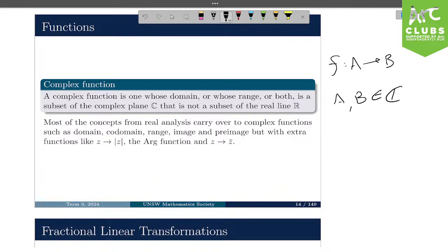It might be that in other places, but in this course, we also require at least one of A and B to not be a subset of reals. Most of the concepts from real analysis just carry over to complex functions, just because, I don't know, magic, it just works that way. It works really nicely.